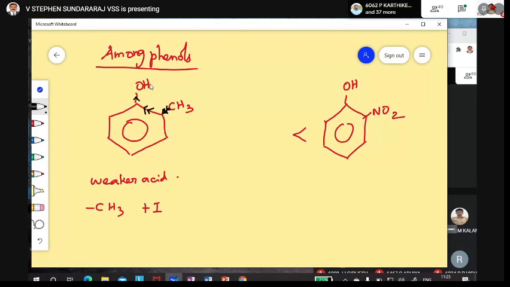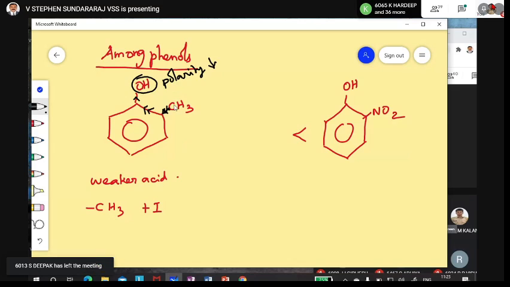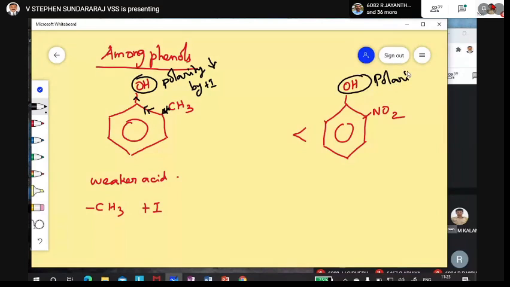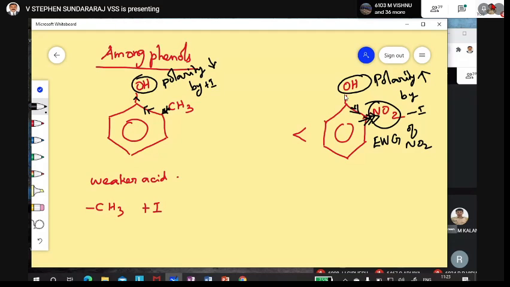The polarity of the OH bond is reduced by the plus I effect, not only methyl, any plus I effect. Whereas here the polarity increases by the minus I effect of NO2. NO2 is an electron withdrawing group. It will pull the electron cloud, so oxygen is made to pull more from there. Understand that?